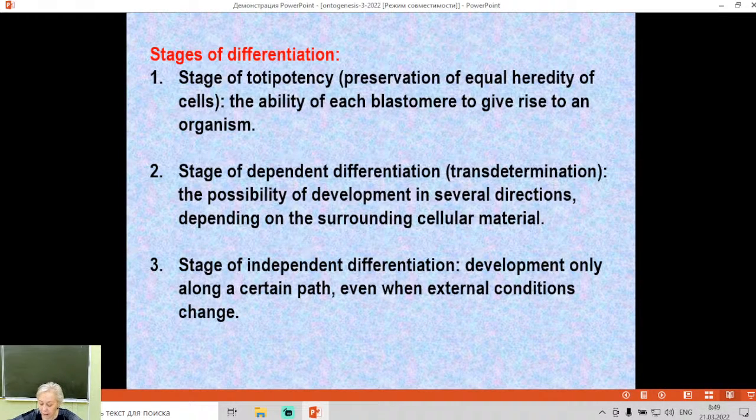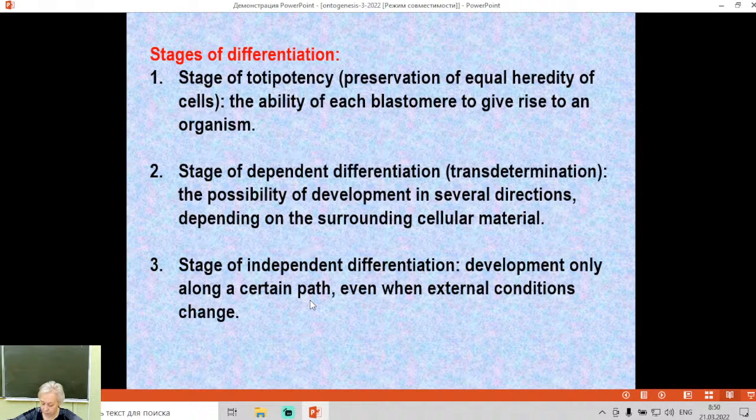For example, if the cells of the mesoderm of one embryo are transferred to the ectoderm of another embryo, then they will transform into ectoderm cells. These mesoderm cells transform into ectoderm cells because around these cells there are a lot of ectoderm cells. This is the state of dependent differentiation.